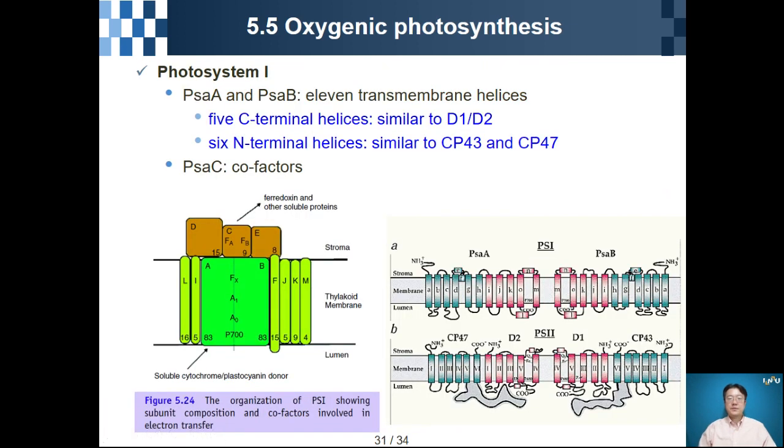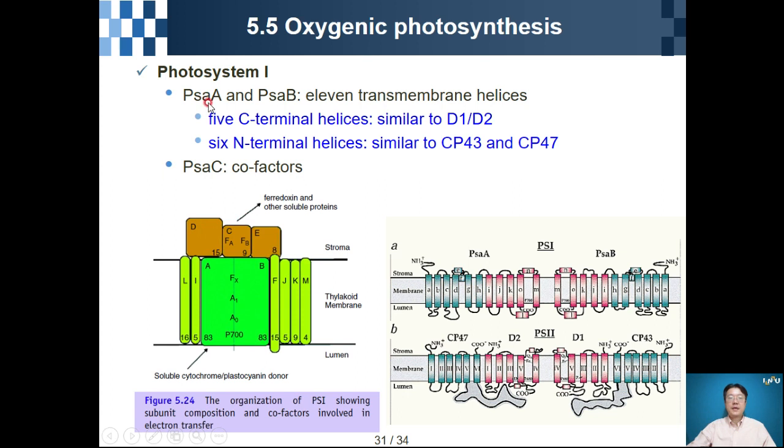Okay, in this slide I will explain photosystem 1. Photosystem 1 is composed of PSA-A and PSA-B and another, PSA-C. And they also have several other components, but we will focus on PSA-A and PSA-B.